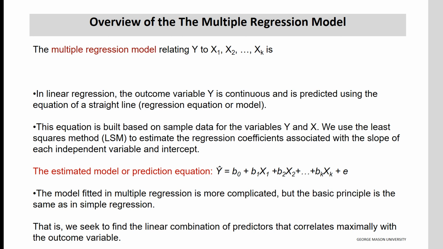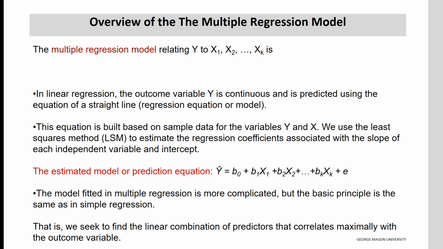So the estimated model or prediction equation would be very similar to a simple linear regression model, except that besides the intercept and the slope of one independent variable, we now have multiple slopes, each one associated with a specific independent variable.